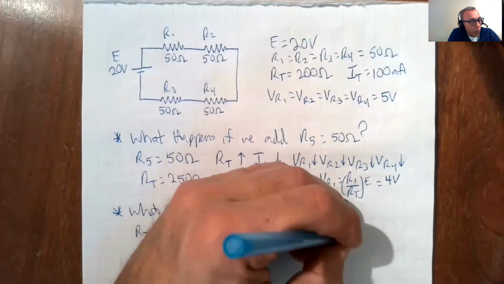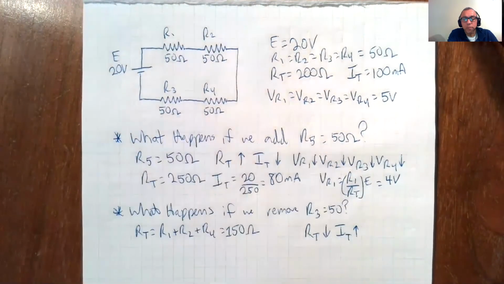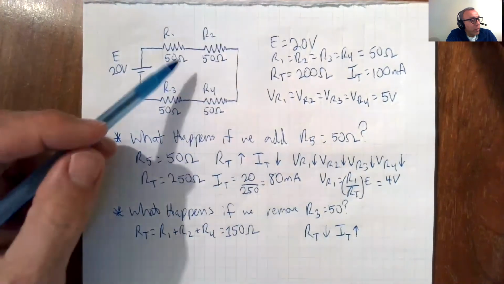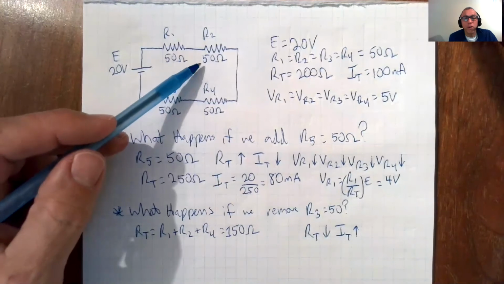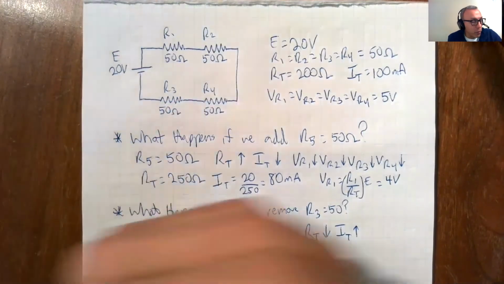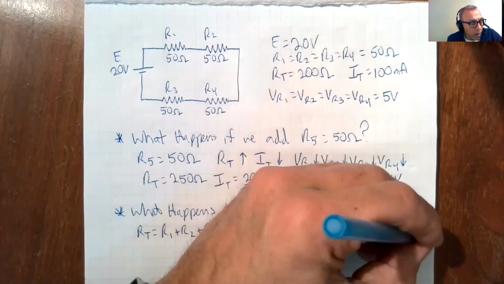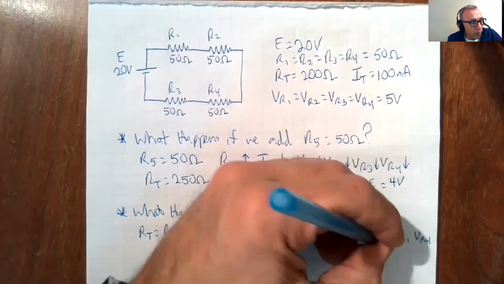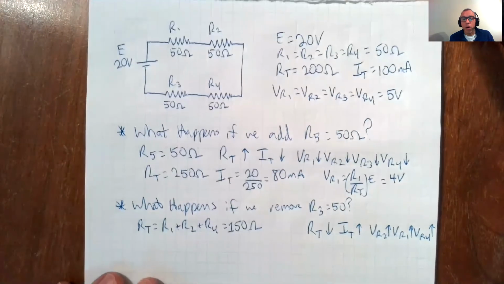So according to Ohm's law, IT went up. Okay, so if IT went up and VR2 is equal to IT times R2, well then VR2 must have gone up. And VR1 and VR4. Those would have all gone up.